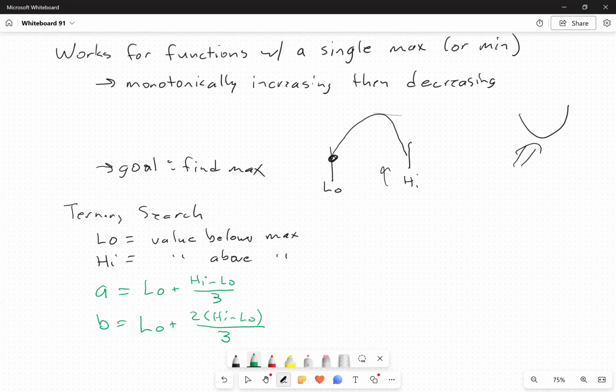Okay, so we would basically say A is the 1/3 mark, B is this mark. Okay, and here I'm going to draw just a slightly different function just so I can illustrate. So imagine that this is my function. So I've got my low value here, and I've got my high value here. Okay, and we generate A and B.